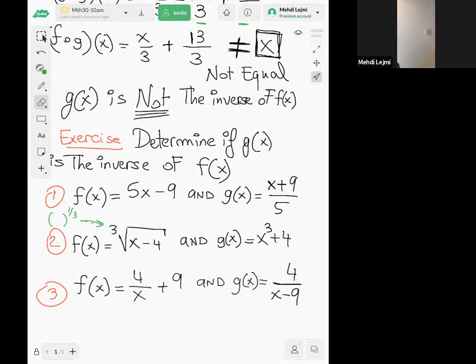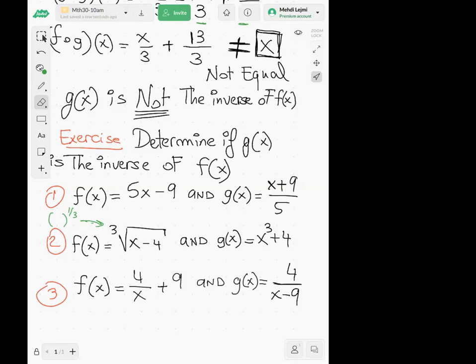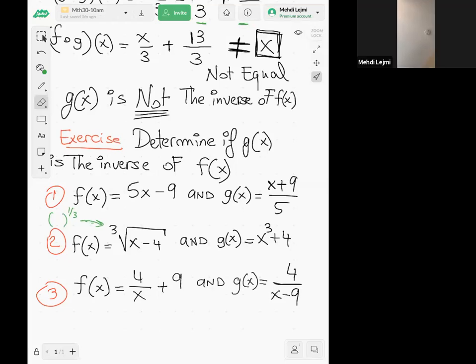And what about number two? Hold on, I'm still finishing it. Is number two as well? Yep, also the inverse. Yes, that's the inverse.